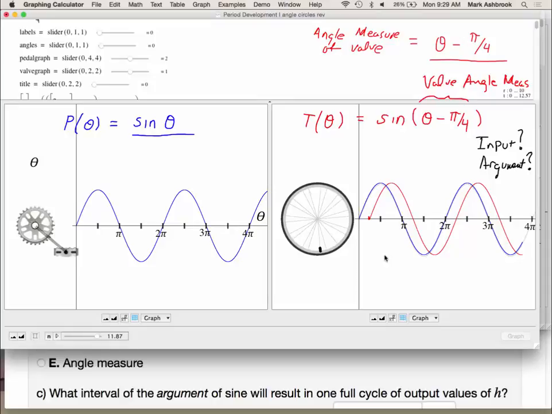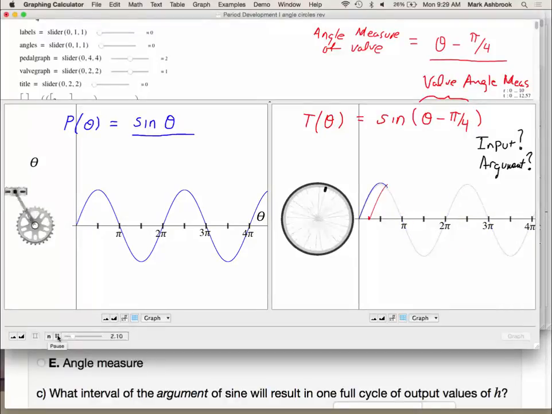So you have to see this as, here's theta going by. So the pedal comes first, right? Pedal starts its cycle, then pi over 4 later, the valve starts its cycle, and is always lagging behind for increasing theta to the right. So you have to see that. So let's see it, ready?